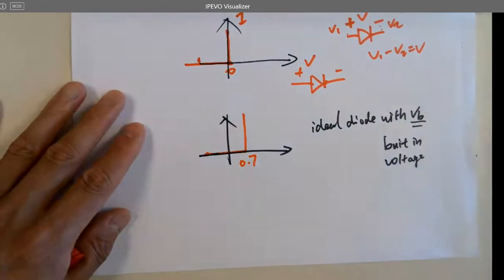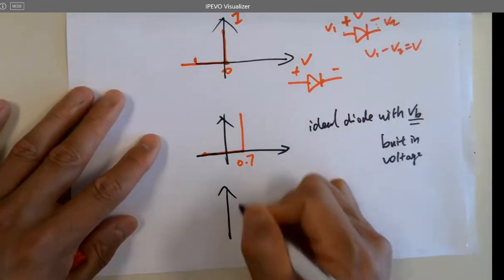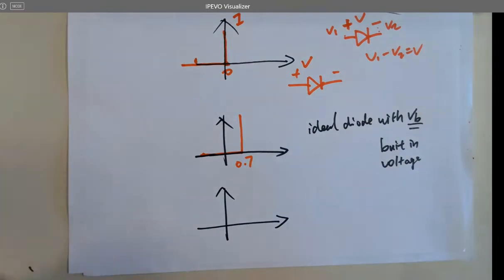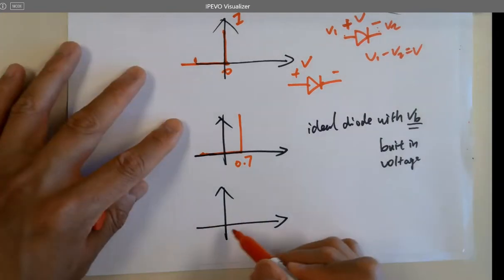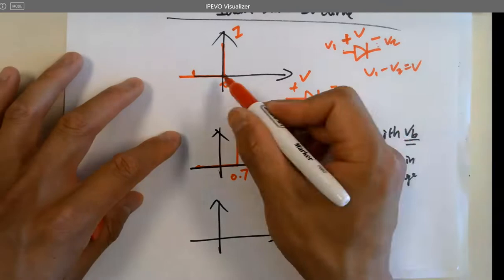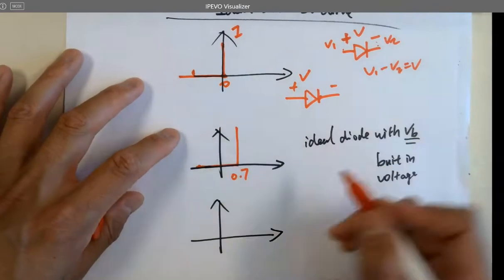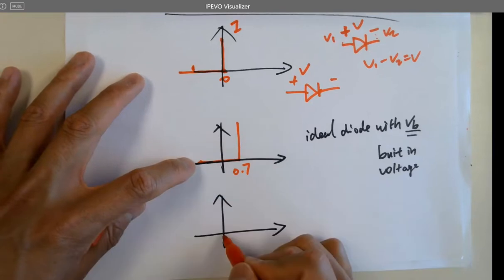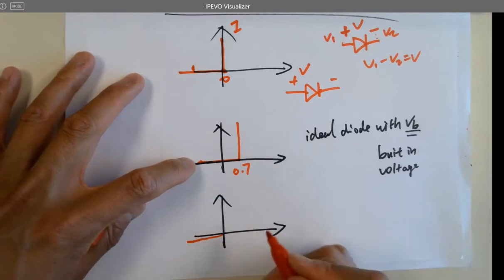What about the real diode? What does the IV curve look like? You purchase the diode and open up the data sheet, and it's going to show the IV curve, right? Around the corner. And whenever you reverse bias it, it wouldn't be just 0 amps. There will be some leakage here.